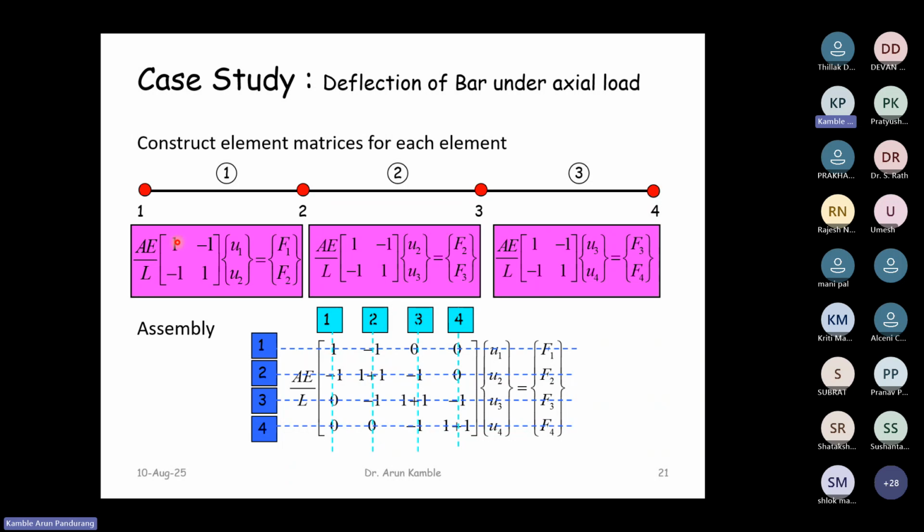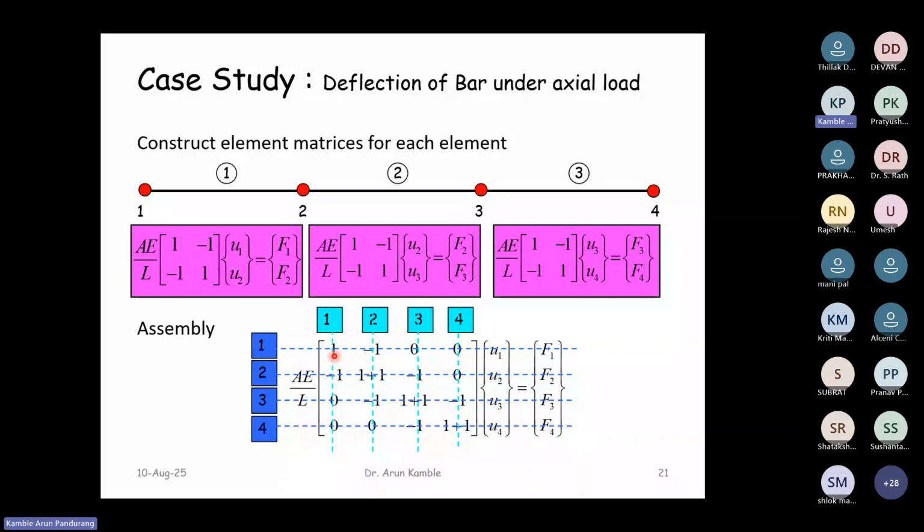Therefore, this is K11, this is K12. This is K21 and this is K22. That means first row first column, first row second column, that is K11, K12, K21, and K22.